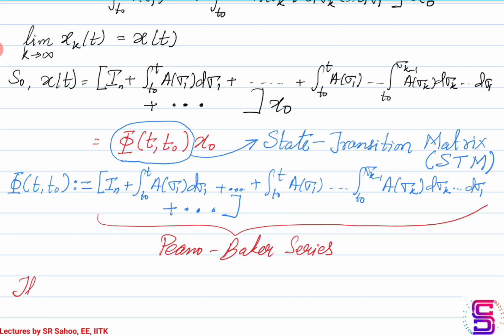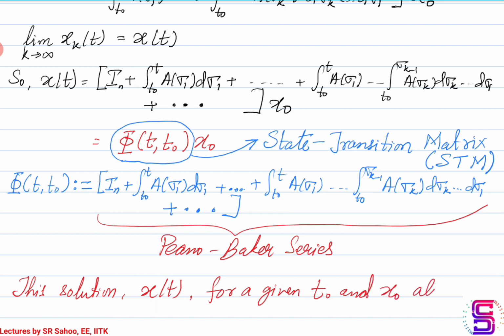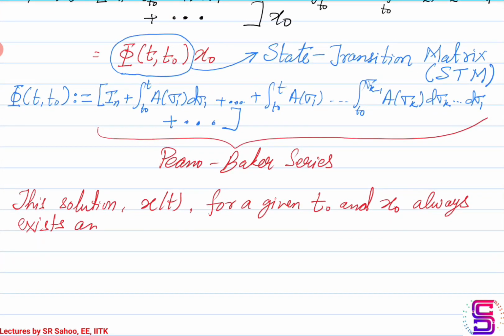For linear systems, this solution x of t for a given t0 and x0 always exists, which means you'll always find a feasible solution, and it is unique.